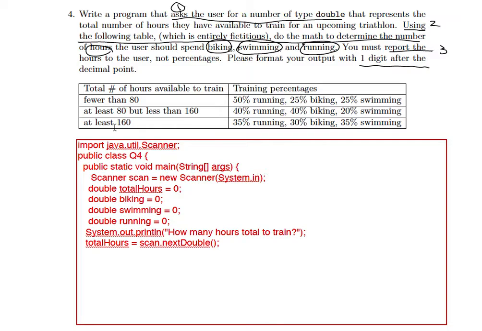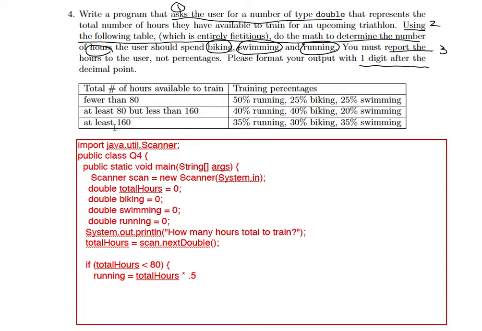Now I'm using the following table, this number 2, to figure out what values to put in those variables. So the following table has set up an if-else-if statement for me. Here it is. If the total hours is fewer than 80, so less than, I'm going to do one thing. Running equals total hours times 0.5.